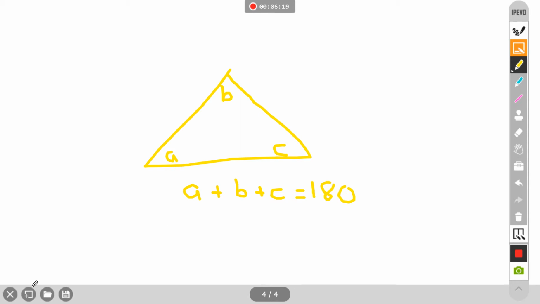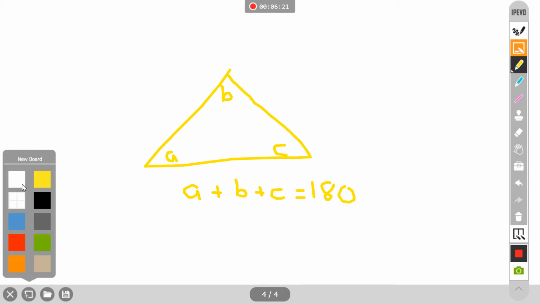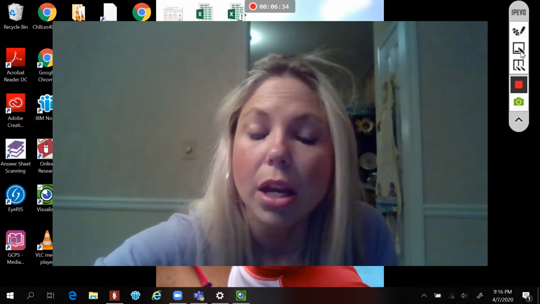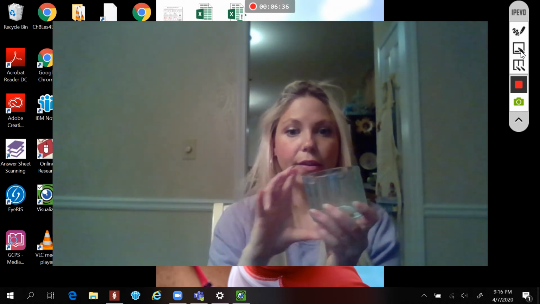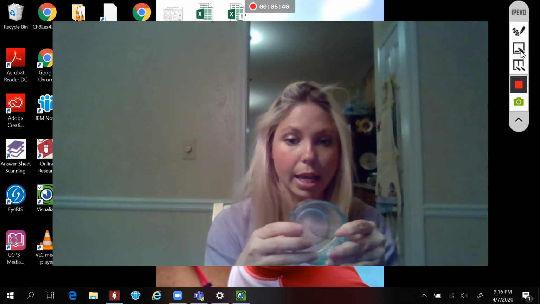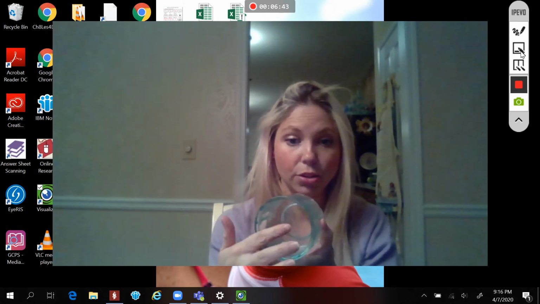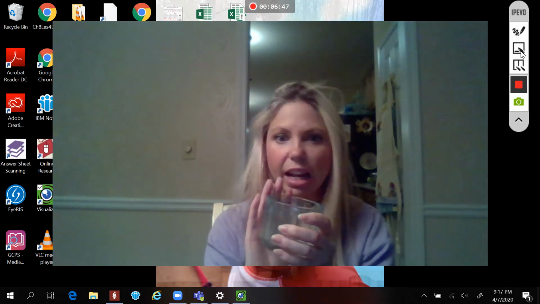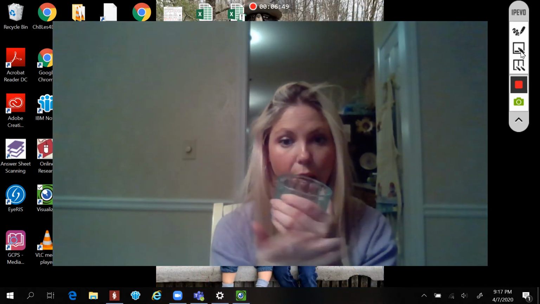Right? Then we go to our cross sections. So for our cross sections, I'm actually going to kind of come out of that screen for a second so I can show some things to you. So let's say I have this piece here. This is a cylinder, okay? It has a base shape that's a circle on both ends. And it basically is kind of like if I took a rectangle and wrapped it around it, that would make our cylinder here.